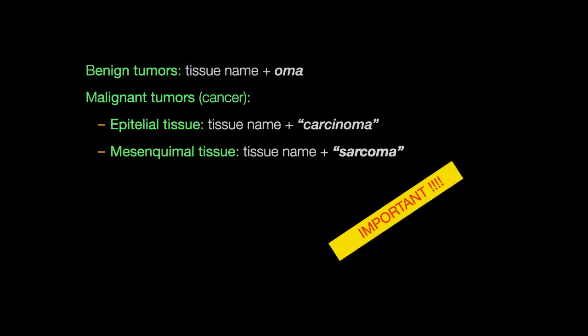Okay, so here you have a recap. Benign tumors, tissue name plus oma. Malignant tumors, that's cancer. Epithelial tissue is the tissue name plus carcinoma. If it's a mesenchymal tissue, tissue name plus sarcoma.